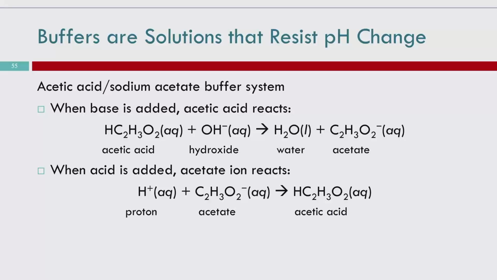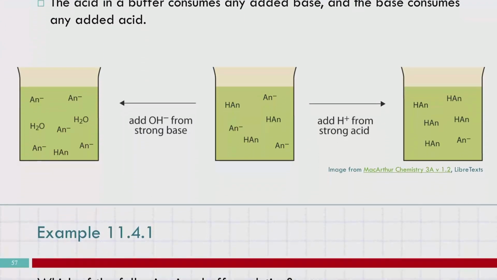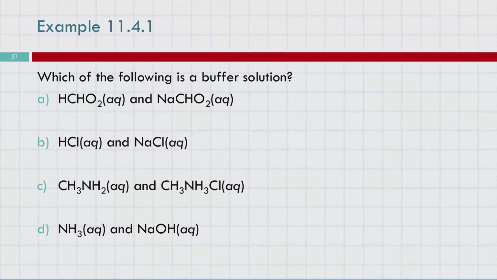So it can neutralize both, and because it can neutralize them, the pH doesn't jump up or down super rapidly when you add acid or base, which is cool. And there's some picture versions and then identifying which of these is a buffer solution, which we're not going to do today. That's all for chapter 11. Any questions?